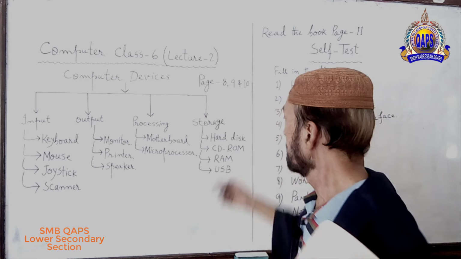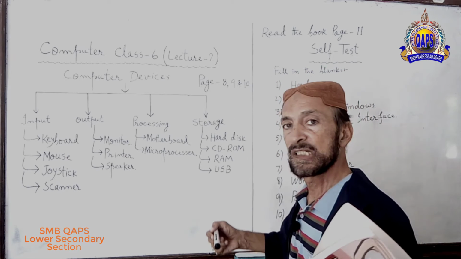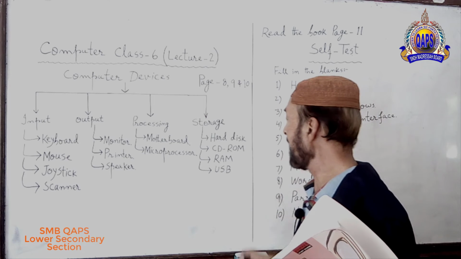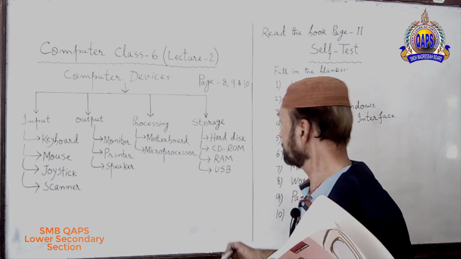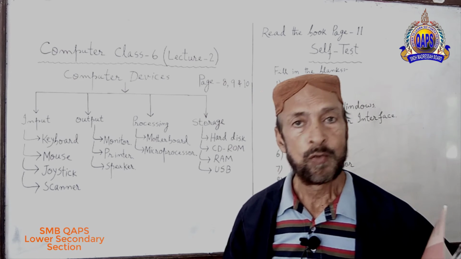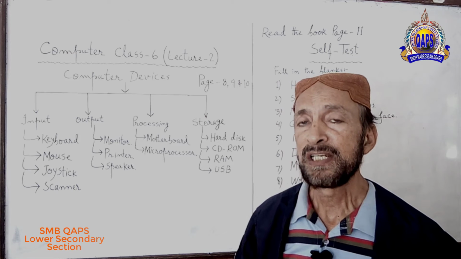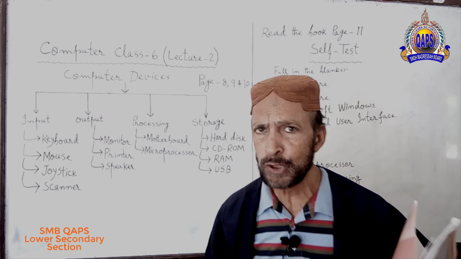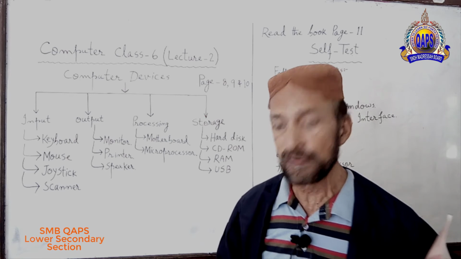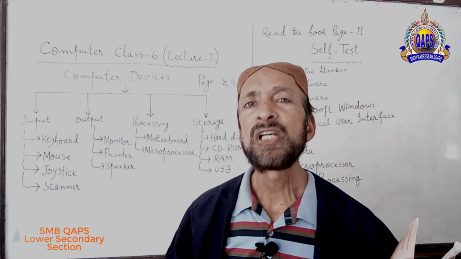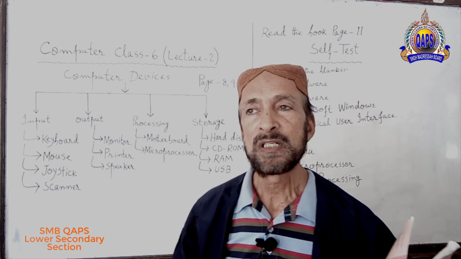Example: hard disk, CD-ROM, RAM, USB, magnetic tape, floppy. Floppy is also a storage device, but it's not in use now.